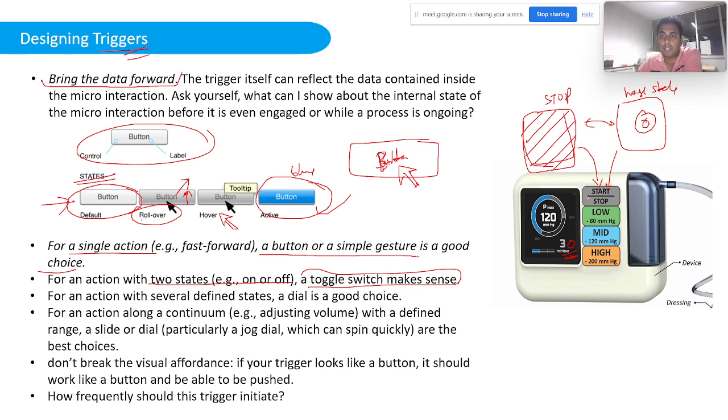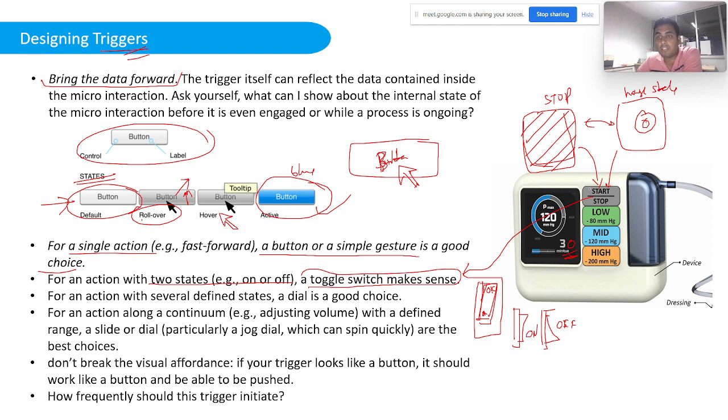A physical toggle switch is something like an electrical switch which has two states, the off state and the on state, and visually you can see the difference. It became like that at the on state, and during the off state it is like that. So this is off, this is on.